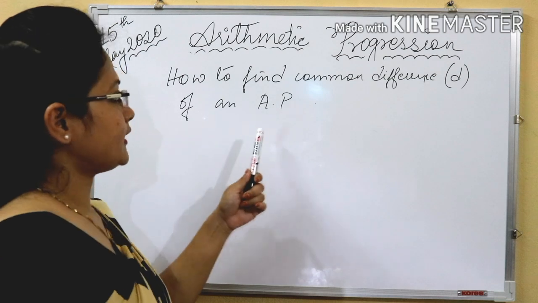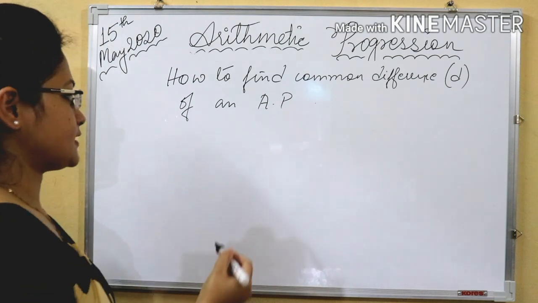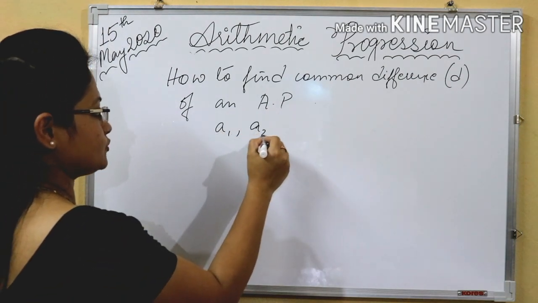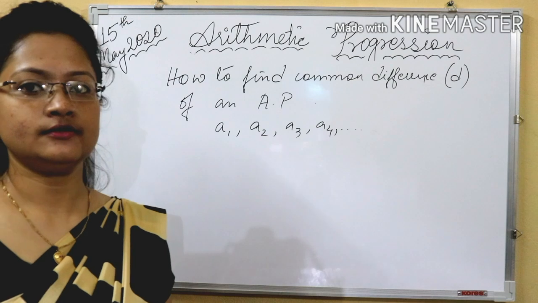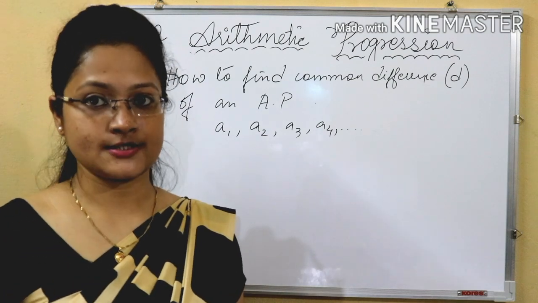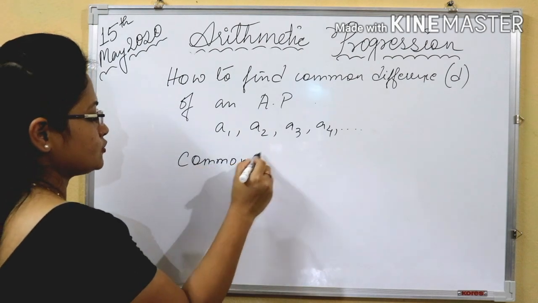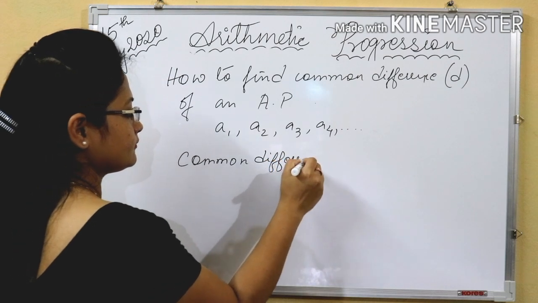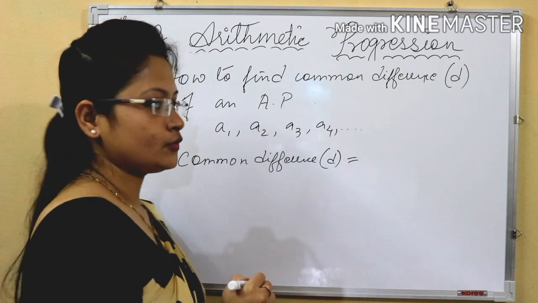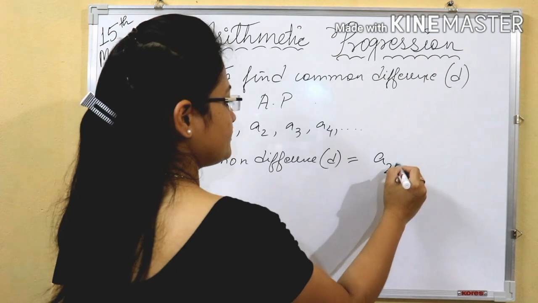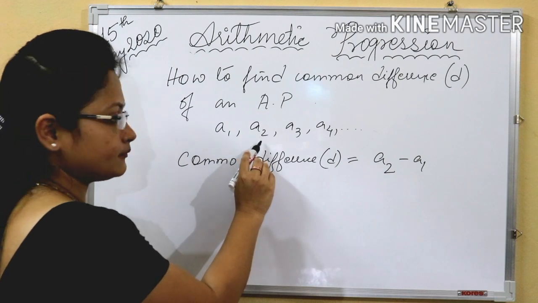Next, how to find the common difference d of an AP. Let us take a general example. Suppose a1, a2, a3, a4. I have taken a general arithmetic progression, which is called an AP. So how to find the common difference? The common difference d will be found by a2 minus a1, the second term minus the previous term.